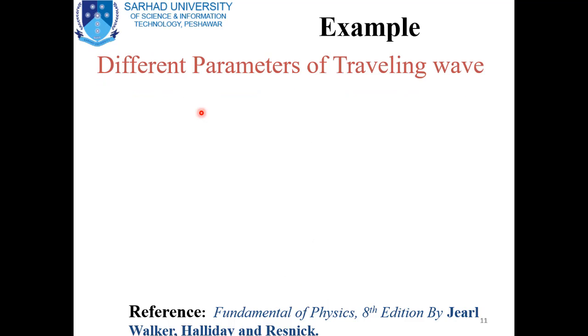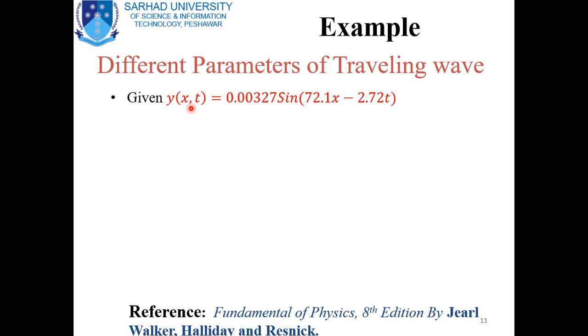In order to understand the different parameters of a traveling wave, here we present an example. In this example, an expression for particles of a medium is given as y, which is a function of position and time.